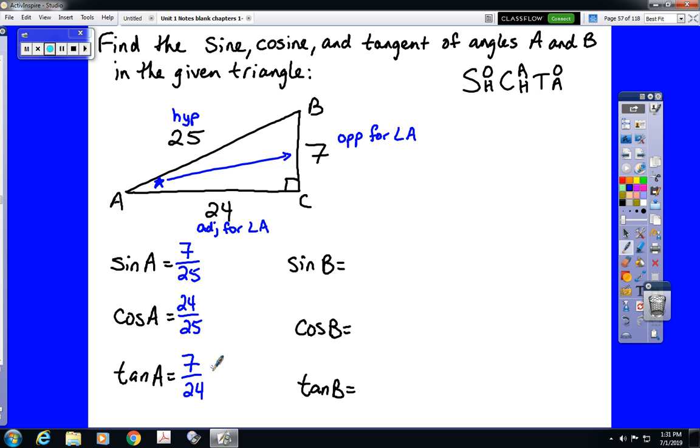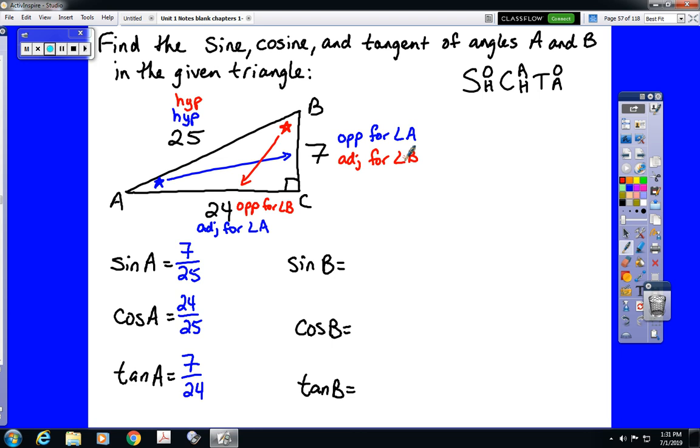So, then we move our attention to B. Well, when we change our attention from angle A to angle B, we still have a hypotenuse of 25. That does not change. What does change is that 24 is our opposite for angle B, and 7 is our adjacent.